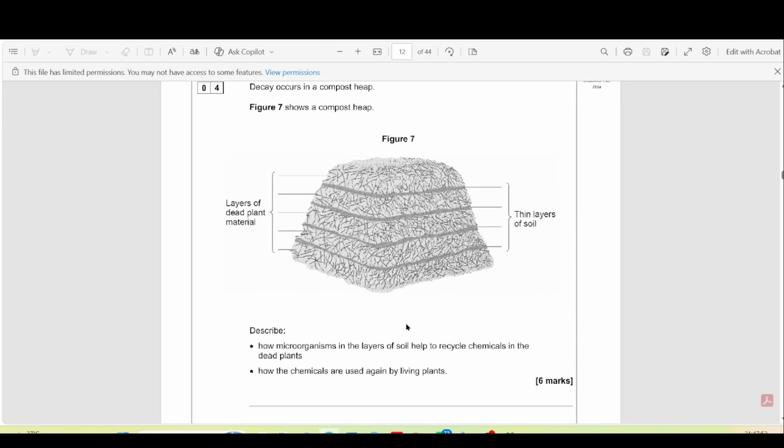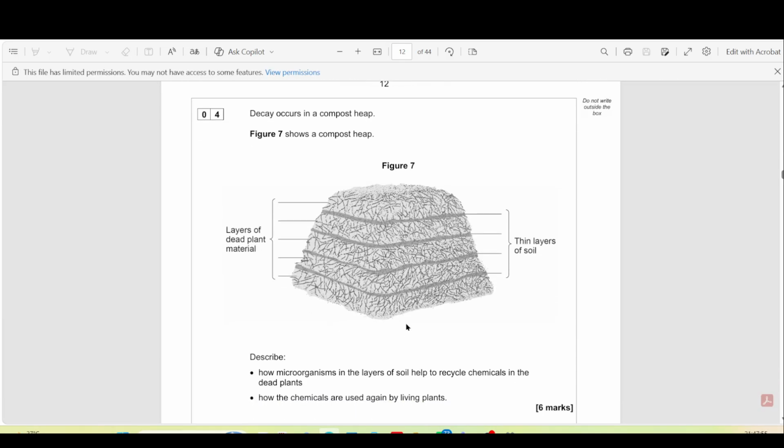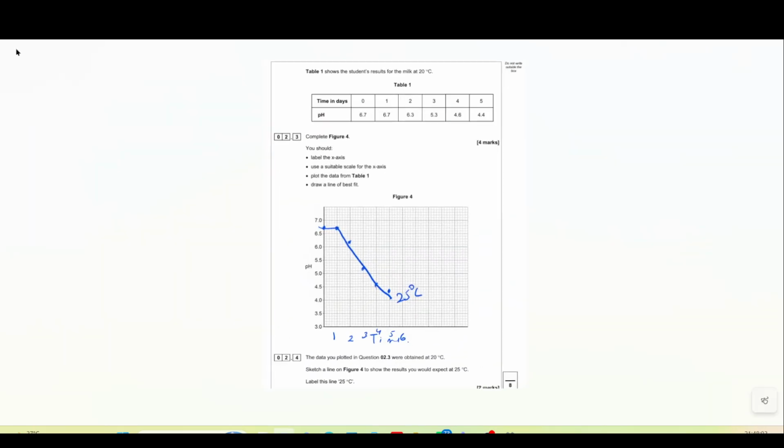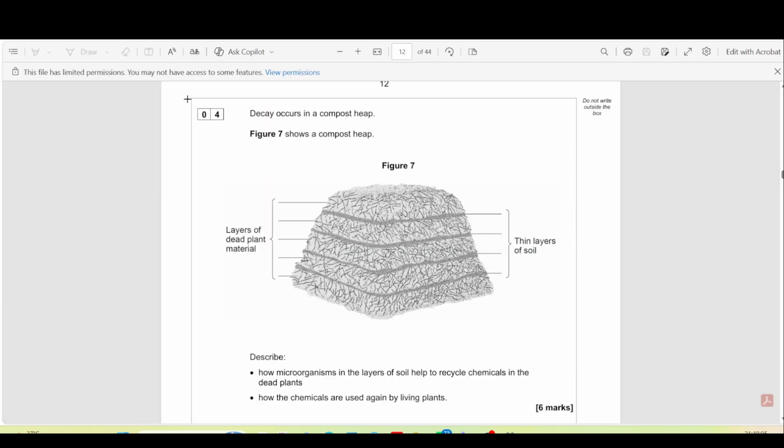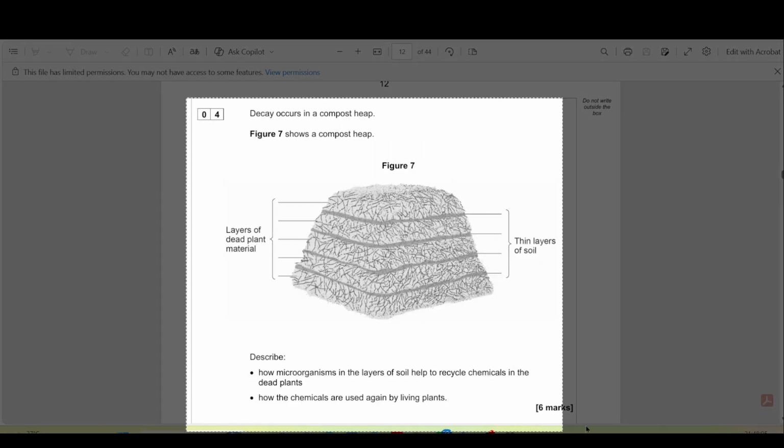Describe how microorganisms in the layer of the soil help to recycle chemicals in dead plants. In the soil. Let me just check here. Microorganisms in the layer of soil help to recycle chemicals in dead plants.